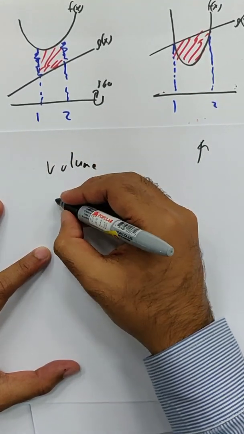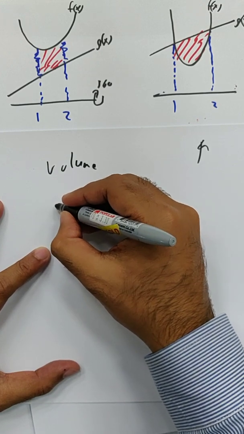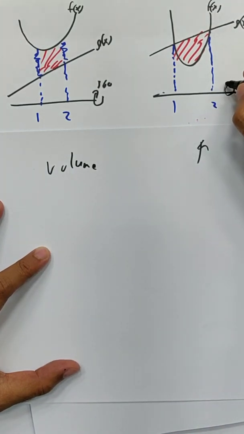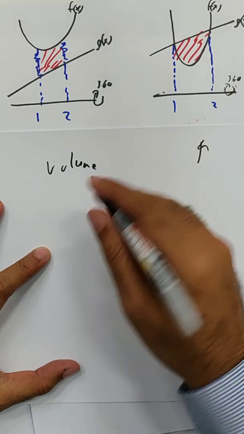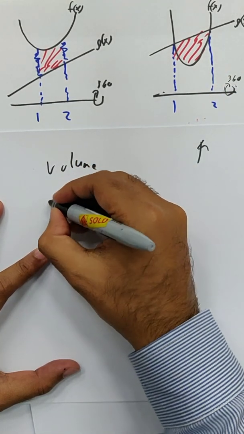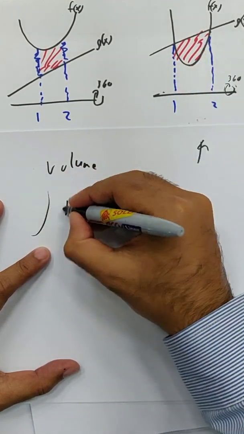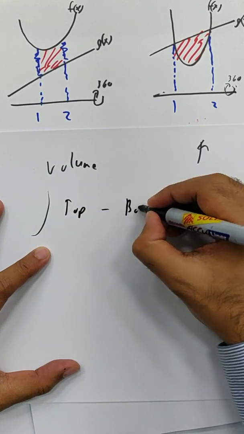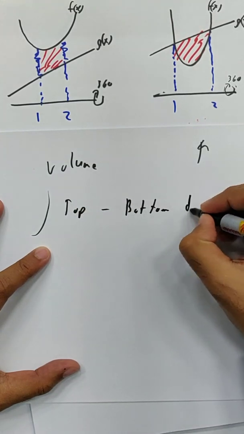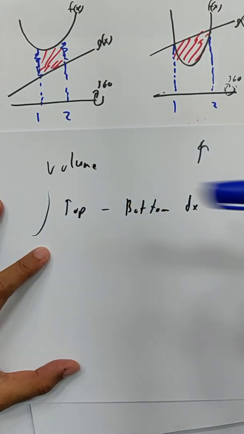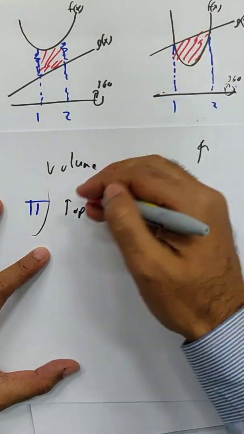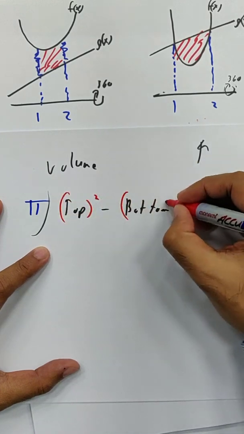The shortcut will be, if you are rotating by 360 this part, it's still going to be top minus bottom, and pi outside. But you need to square first.